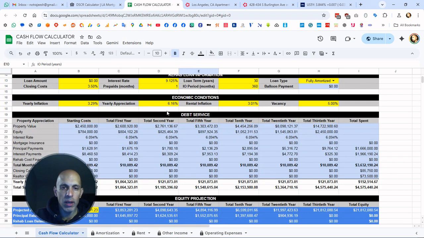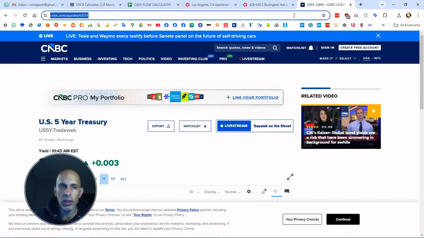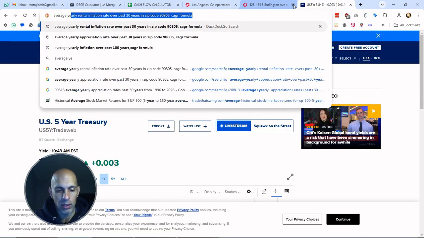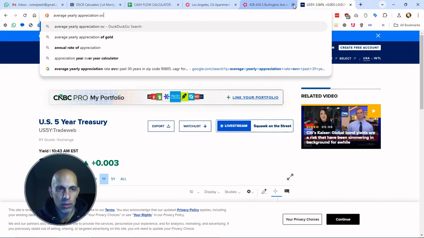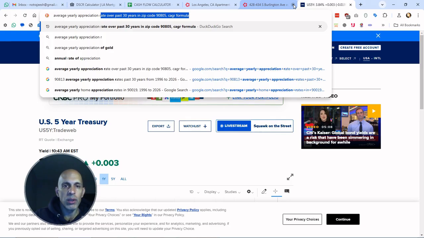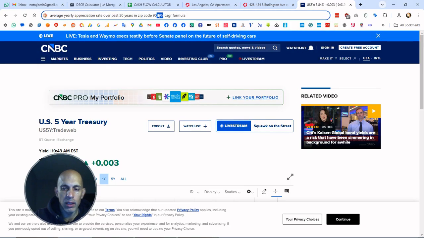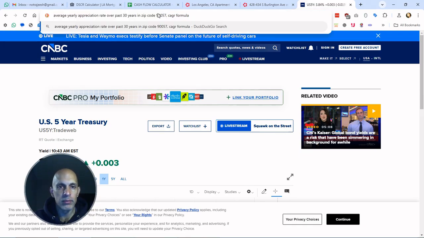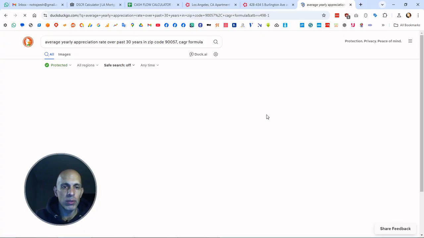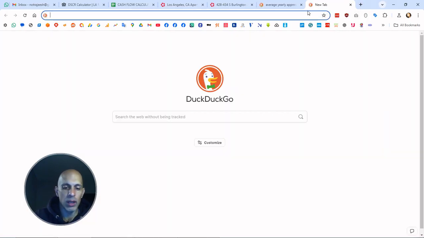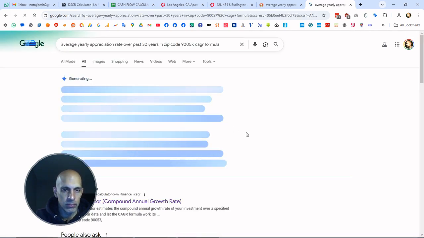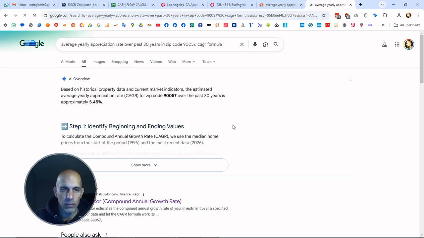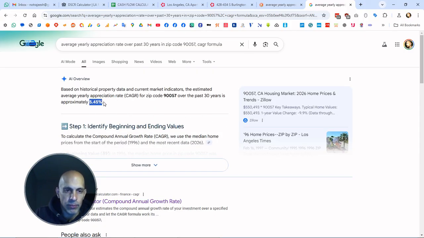Now we got to figure out the economic conditions for this particular zip code. So we're in 90057. Average yearly appreciation rate. There we go, we got it saved. We just got to update this zip code. So let's see what happens. And we'll go to google.com as well. So we are looking at 5.45%.